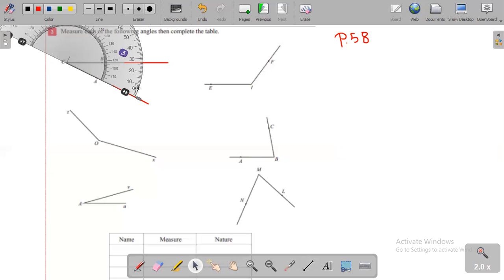We look at the numbers starting from 0. So we have to look at these numbers. It is at 26. So the measure of this angle is 26.